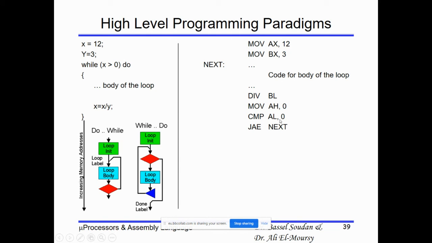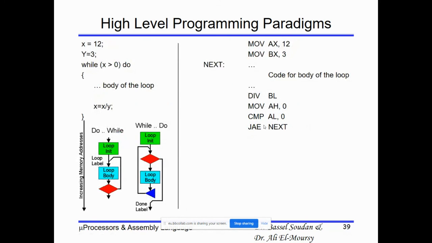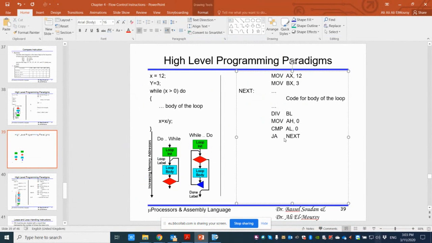So when we compare AL to 0, I have to match this. Let me correct that in the slides. The slide here has a mistake; we have to remove this equality. If it is above 0, I will jump again.